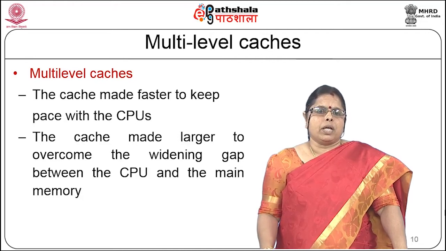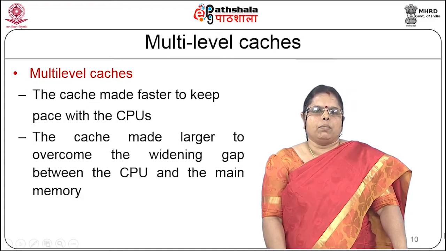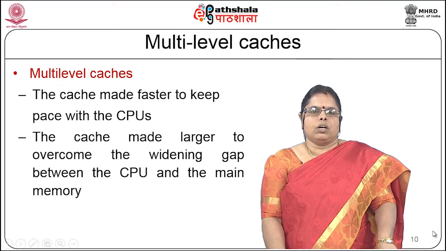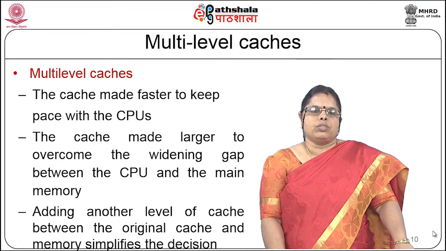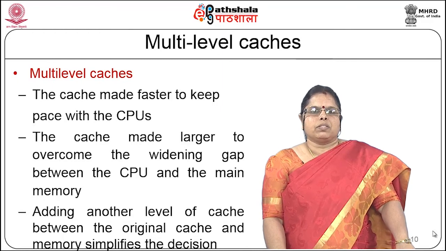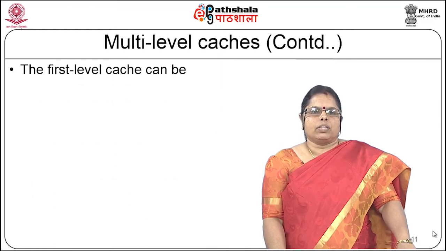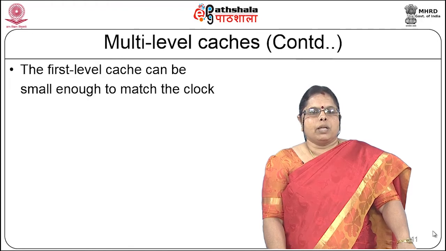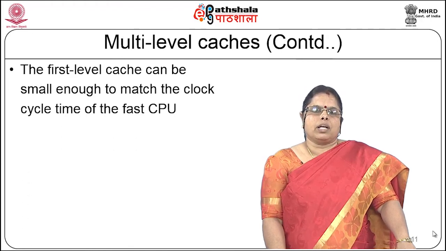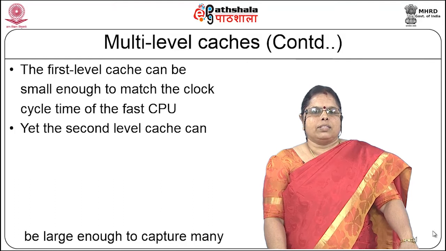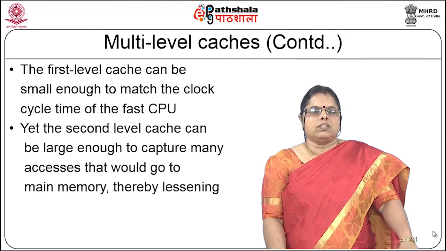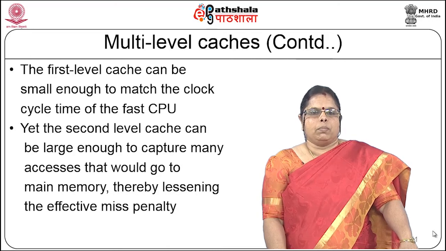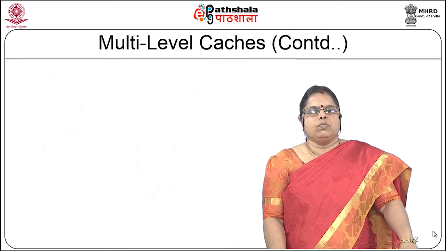So, the cache is made larger to overcome the widening gap between the CPU and the main memory as we try to move away from the processor, and adding another level of cache between the original cache and memory simplifies this problem. The first level cache can be small enough to match the clock cycle time of the fast CPU, and the second level cache can be large enough to capture many accesses that would otherwise go to main memory, thereby lessening the effective miss penalty.